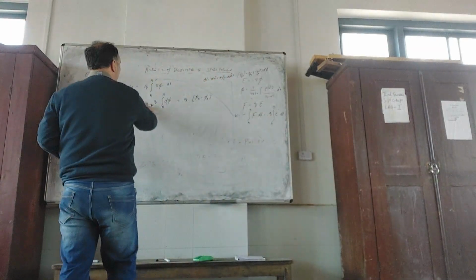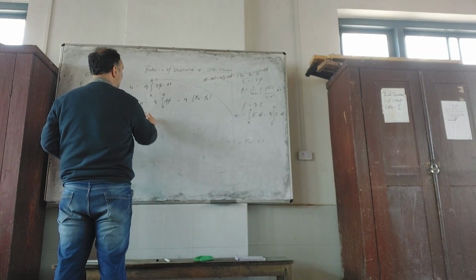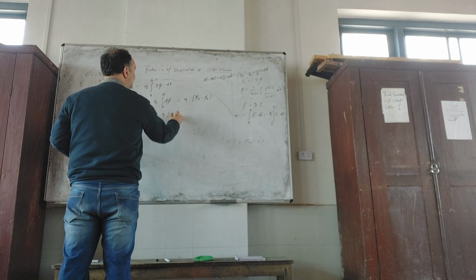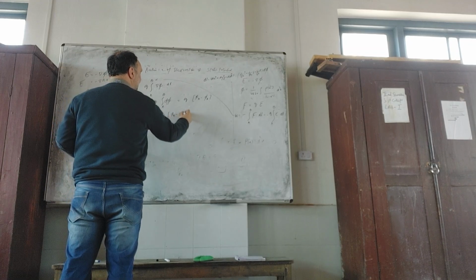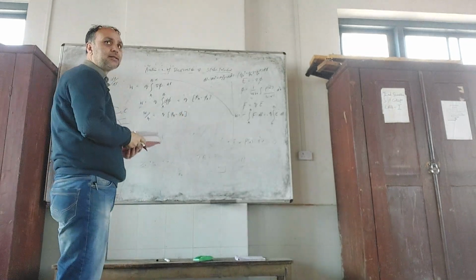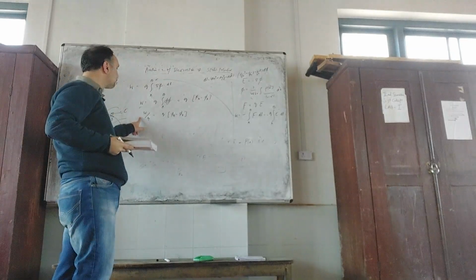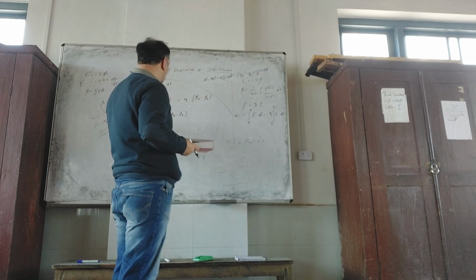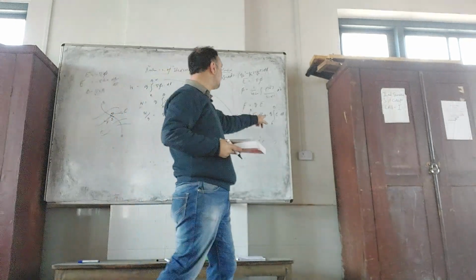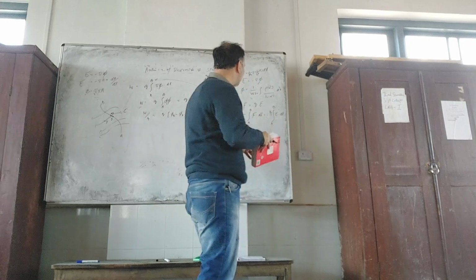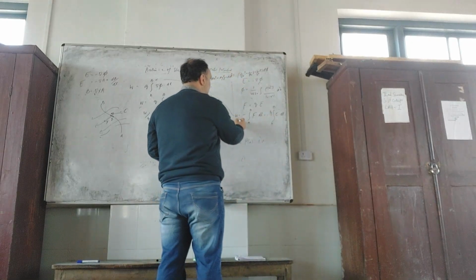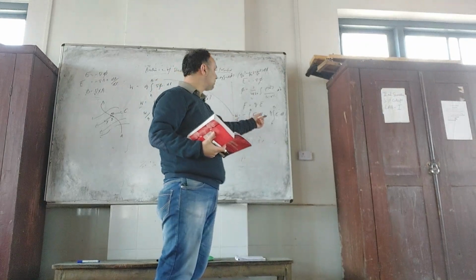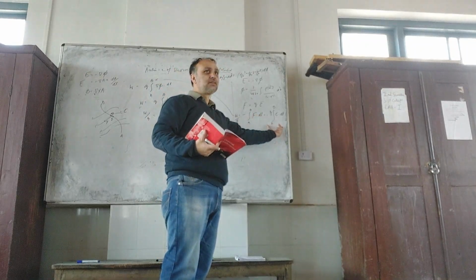You can also have W by Q equal to phi B minus phi A. Now, this is work done per unit charge, so we write W by charge as this line integral.